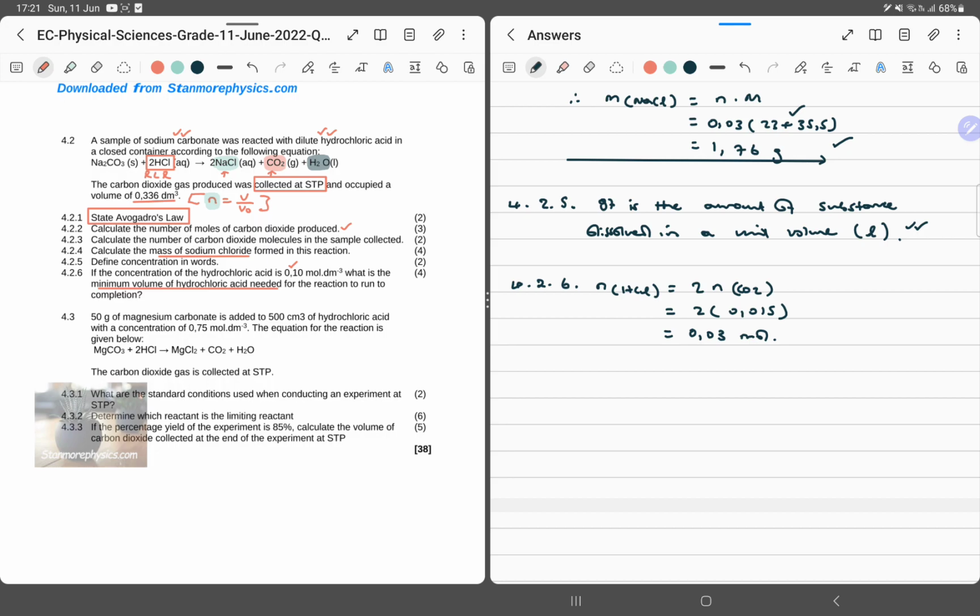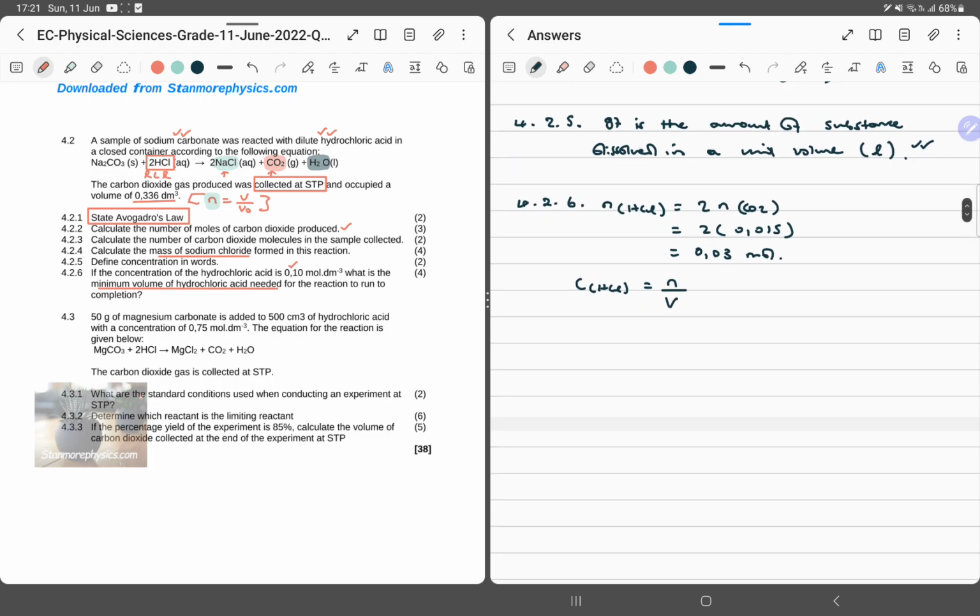We can now say, all right, we know for a fact that the concentration of HCl is going to be equal to the number of moles divided by the volume. Now if we want the volume, this therefore concludes that the volume of HCl that we need is going to be the number of moles over the concentration.